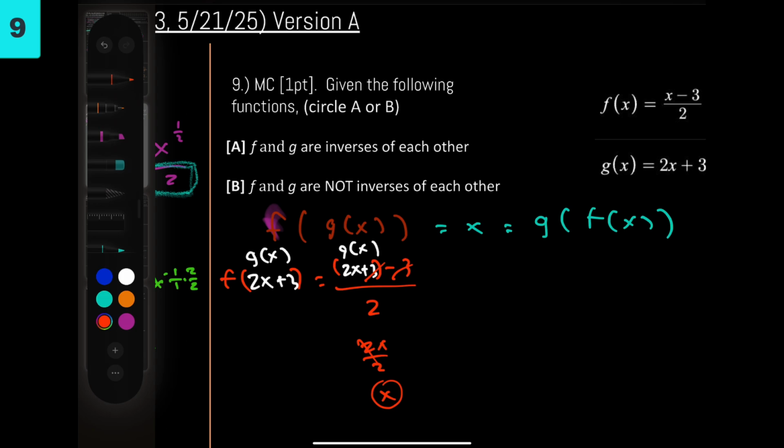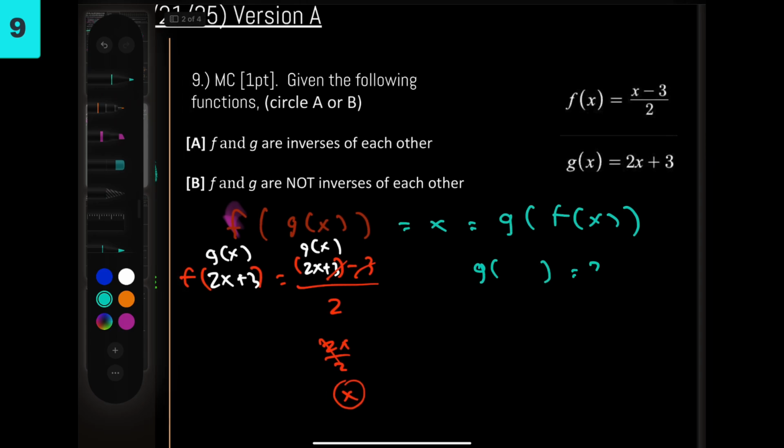Okay, let's do the same thing on the other side now. Let's put in g. And again, we're putting f into g, going right to left. So this is f of x. Instead of writing f of x in there, I'm going to write x minus 3 over 2. Don't worry about the left side, worry about the right.